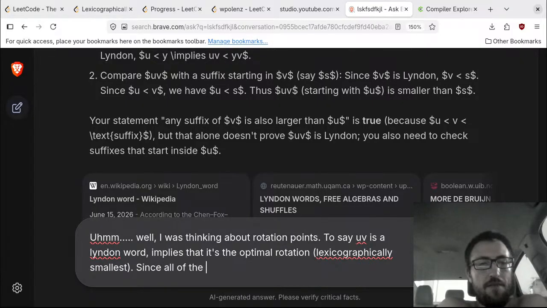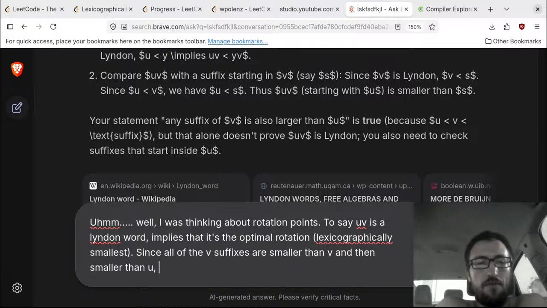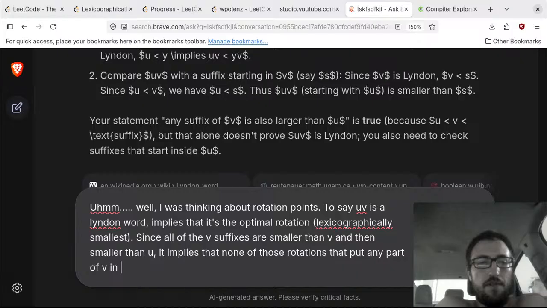Since all of the V suffixes are smaller than V and then smaller than U, none of those rotations that put any part of V in front can be smaller than UV.